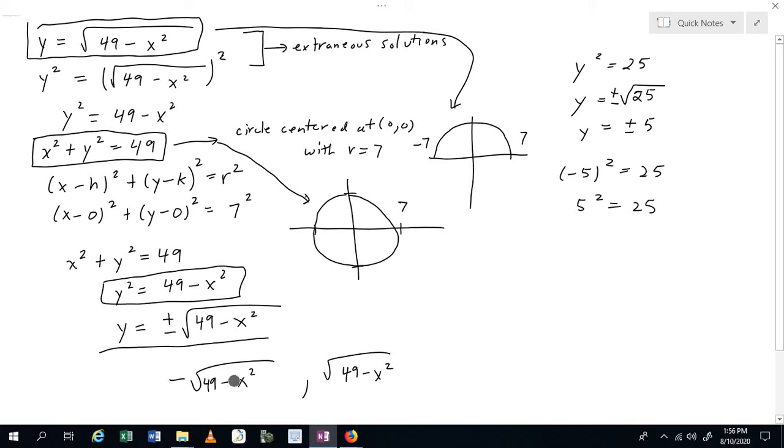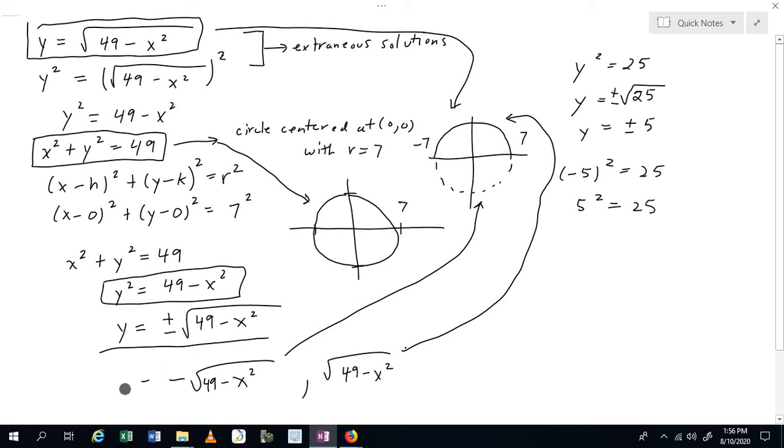The reason we know that is because the positive square root of 49 minus x squared is this upper piece of the circle, and then the negative square root of 49 minus x squared would be this lower piece. So this one's the upper part of the circle, and this one gives you the lower part.